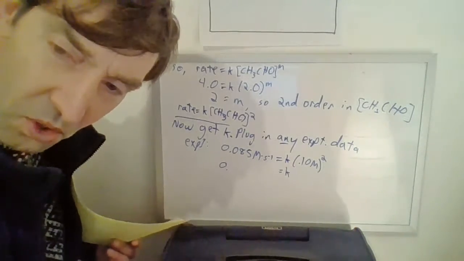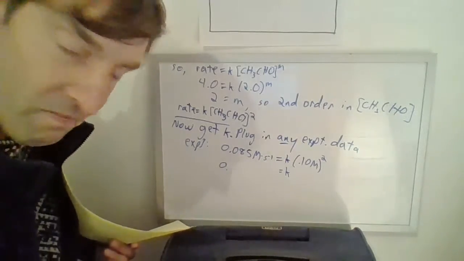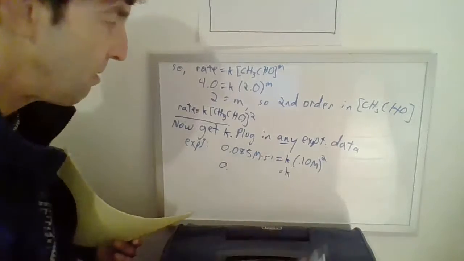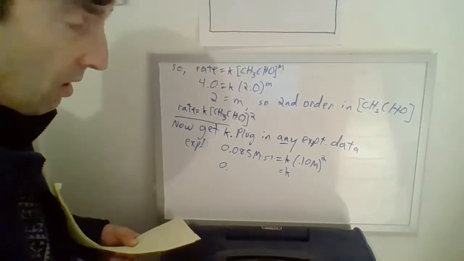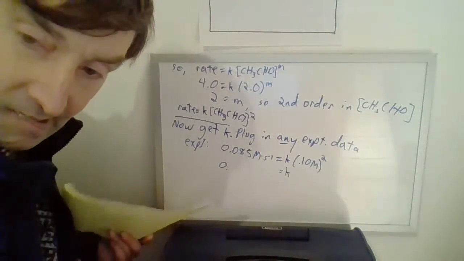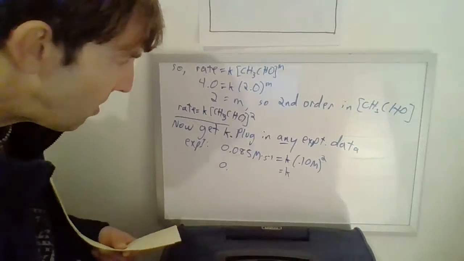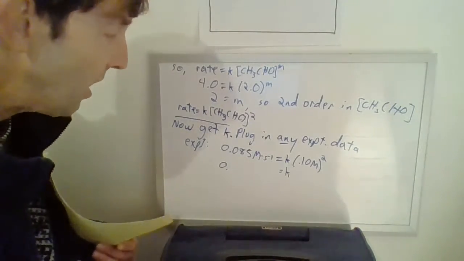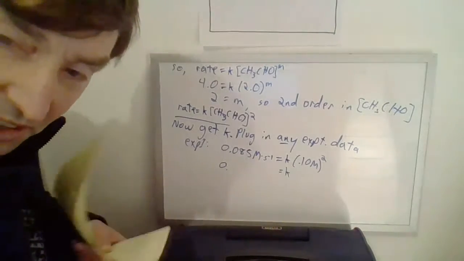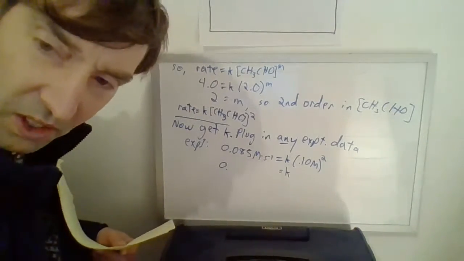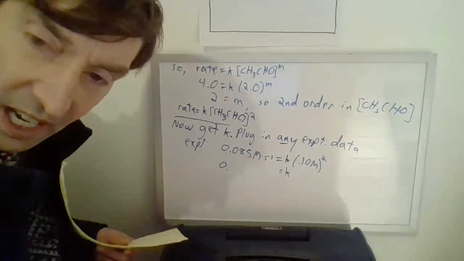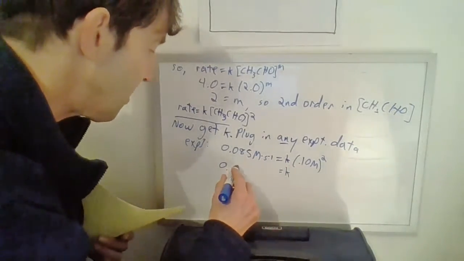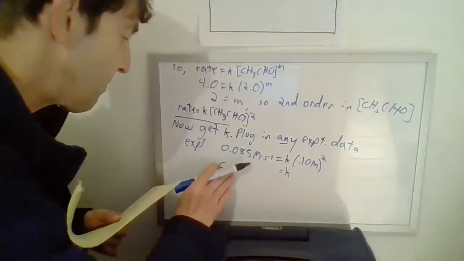I'm not sure either of those are correct. 0.085 divided by 0.01. No, we got to divide, so it's going to be, yeah, good. Aiden's got it, Lycia's got it, Chelsea's got it. So if I divide by 100th, then I'm going to get 8.5.